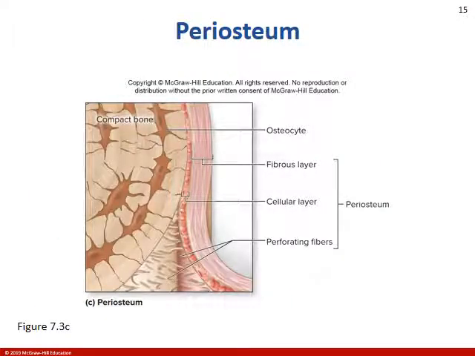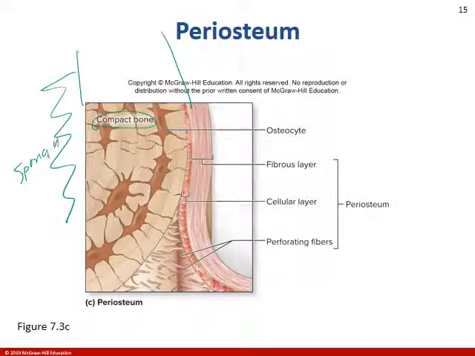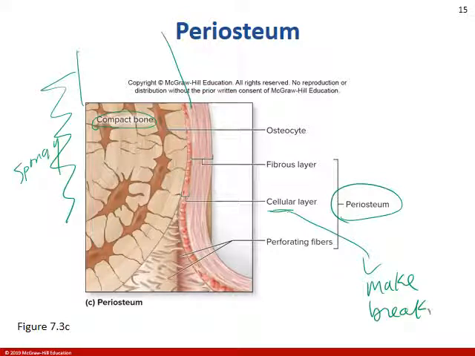This figure shows you the compact bone. Remember, the compact bone would be here on the outside, and then in here you would have spongy bone. So outside or superficial to the compact bone, we're going to have this periosteum. And the periosteum has cells. Those cells can make bone or break bone.